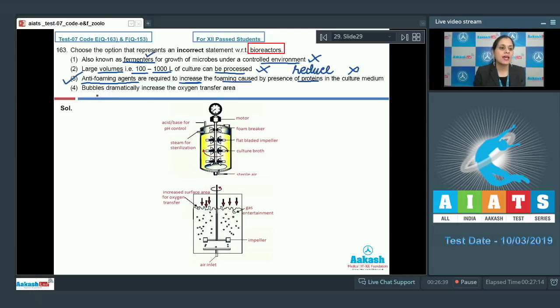The next statement is bubbles dramatically increase the oxygen transfer area, and as it is also a correct statement with respect to bioreactor, this cannot be the correct answer. As you can see here, these bubbles increase surface area for oxygen transfer. So the correct answer to this question is option number 3. Let's proceed to the next question.